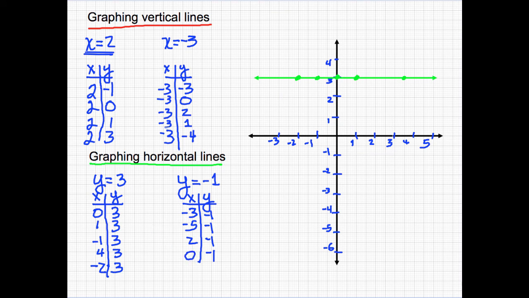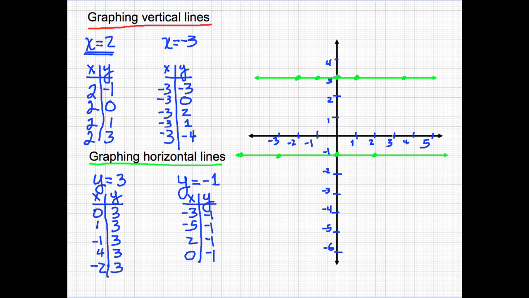Let's plot those points and we'll see where they end up. (Negative 3, negative 1), (negative 5, negative 1), it's right out here, (2, negative 1), and (0, negative 1). So you can see once again all of the points lie along a horizontal line, and we can graph that line just by drawing a line through those points.